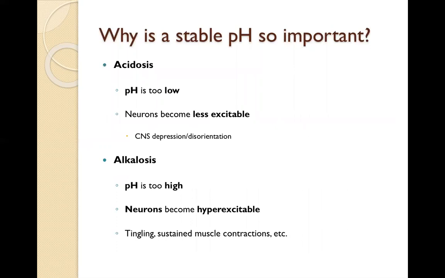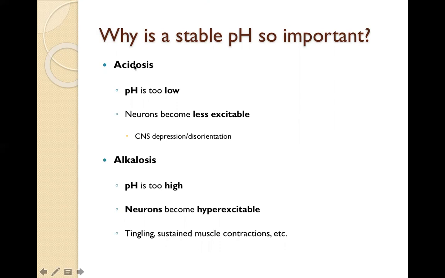There's a couple of states within the body when pH goes up or down. A situation where pH is too low, a low pH state in the body, they refer to that as an acidosis. Specifically, if they're only referring to a low pH in the blood, they refer to that as an acidemia.